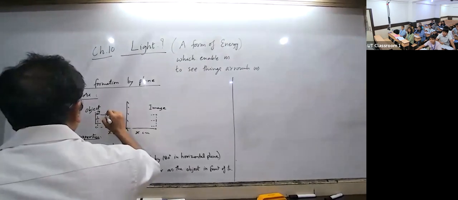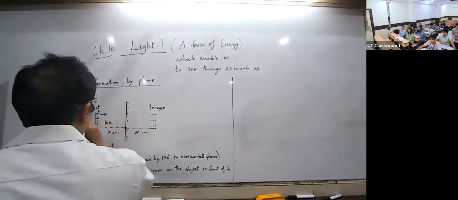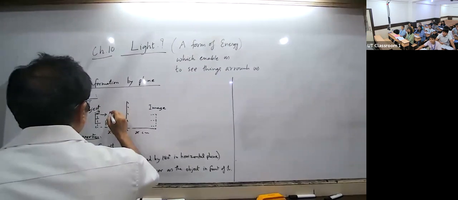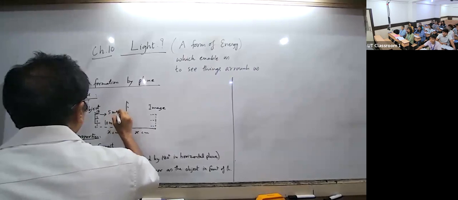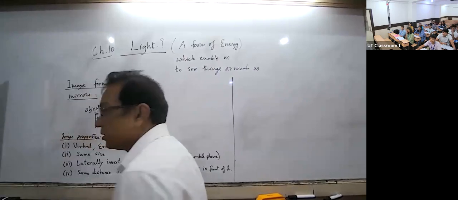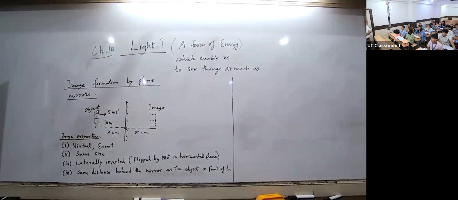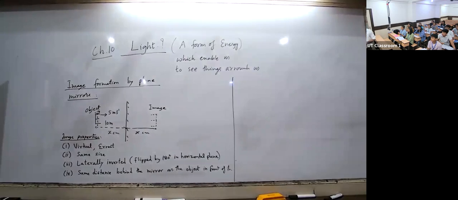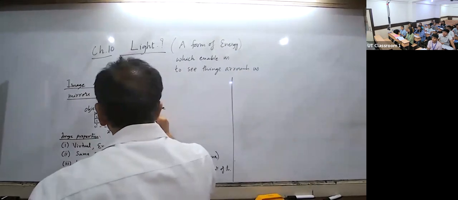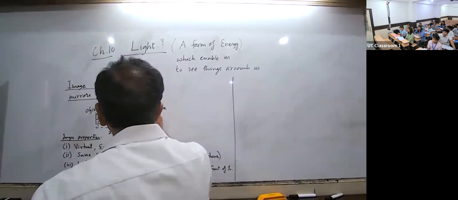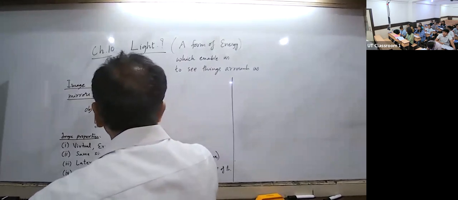Let us say this object is approaching mirror with the velocity 5 meter per second. With what velocity the image is approaching the object? Same speed, because image is also running with 5 meter per second with respect to the mirror.